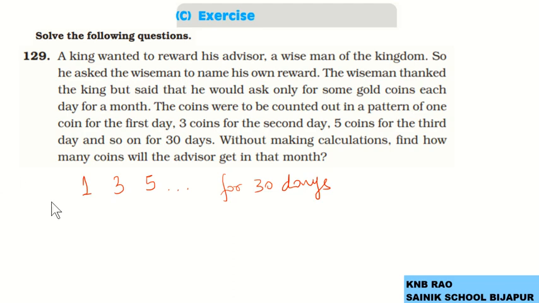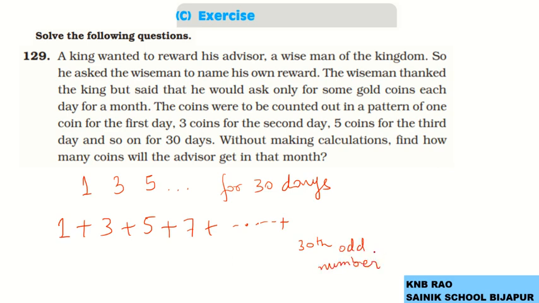So here students, we have this pattern of numbers clearly telling us that they are odd numbers starting from 1 and added up to the 30th odd number. Which is the 30th odd number? And you know, to find the nth odd number, we have a formula: 2n minus 1.